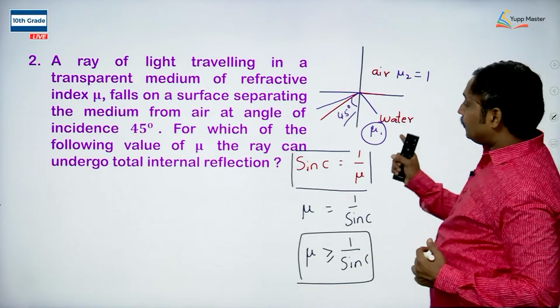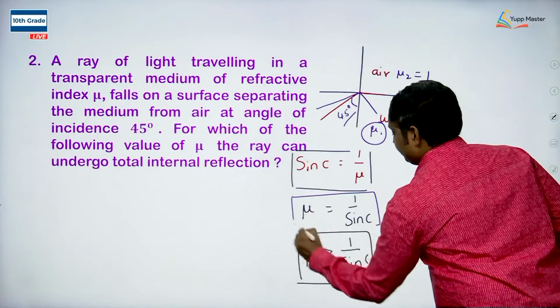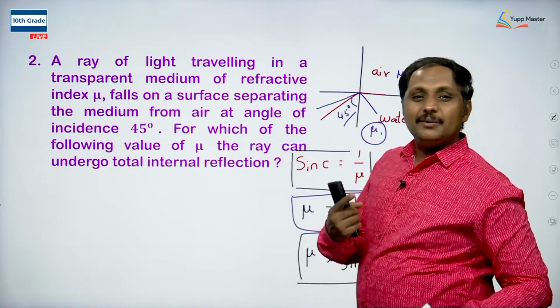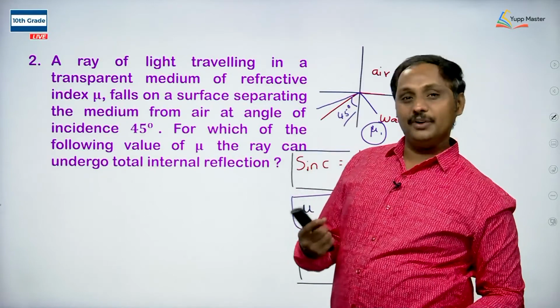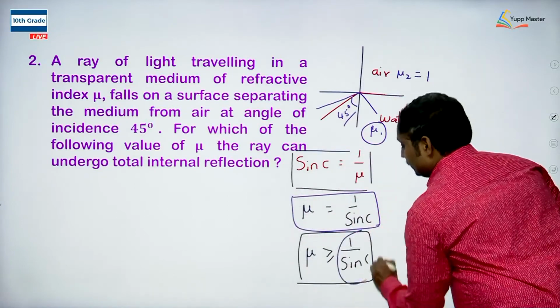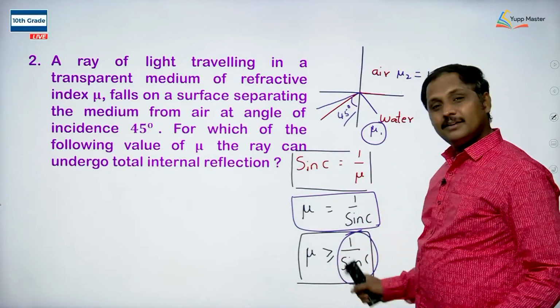is related to the critical angle by this expression, but can you guess, in order to achieve total internal reflection, what is the mu value? Our condition is that, to get total internal reflection, it is going to be greater.